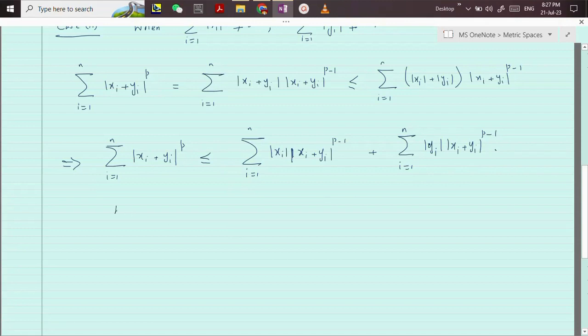So this is our equation number 2, and now we apply the Holder's inequality.